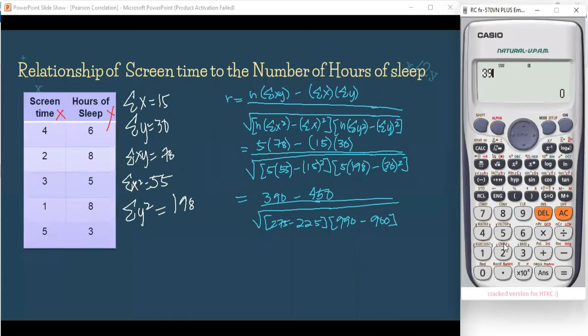So now 390 minus 450 is negative 60. All over the square root of 275 minus 225, that is 50. Times 990 minus 900, that is 90.